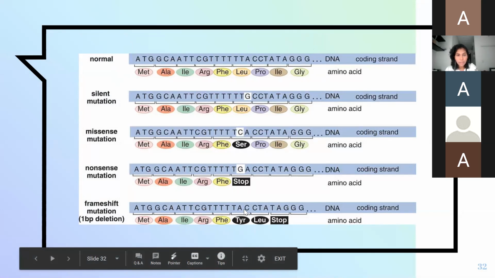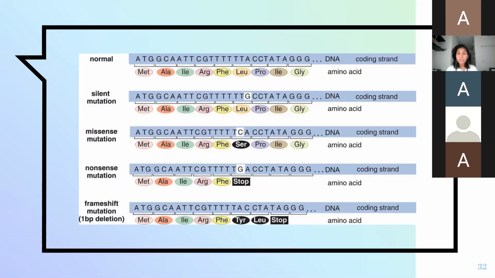When this happens, it shifts the entire reading frame and causes every subsequent amino acid to be changed. Hence it forms a completely different protein, which can have really bad consequences because it causes a completely different function in the protein.